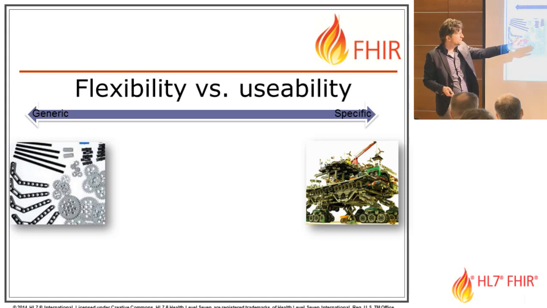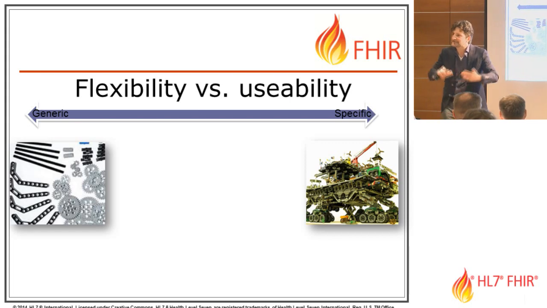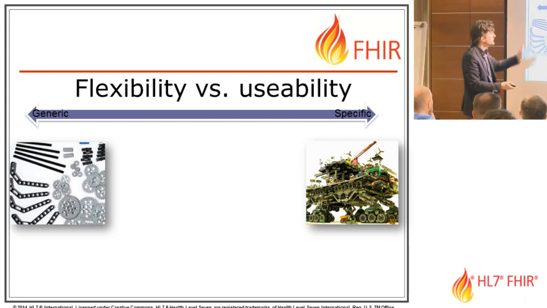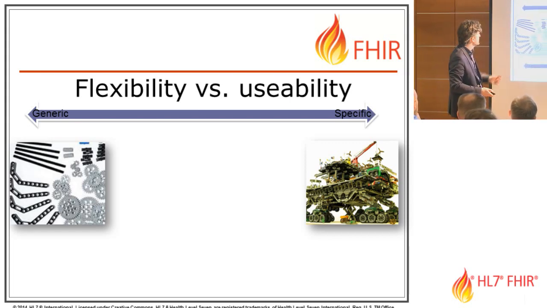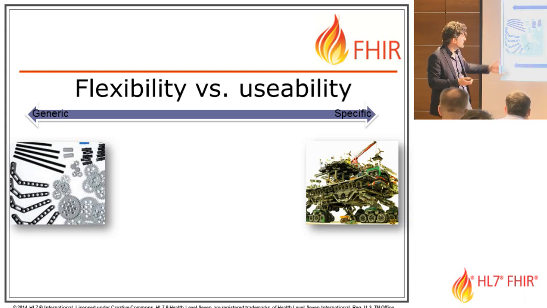And of course, if two people build according to these specifications, they will build exactly the same thing. If we're talking about prescriptions, we're talking about the same kind of prescriptions. So, on one end of this whole scheme, you have very generic standards which are extremely reusable. You can use them for everything, and that's nice. But the chance that two vendors who use it can communicate is very, very low.